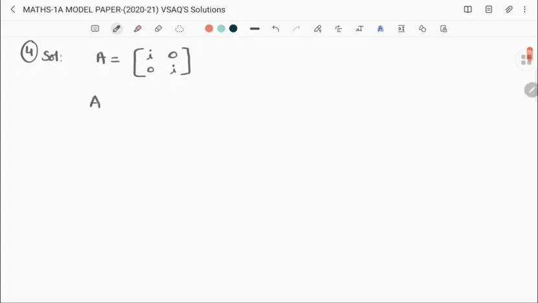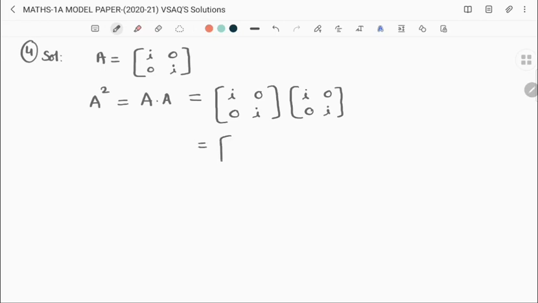A square is equal to A into A, that is equal to i 0 0 i into i 0 0 i. First you multiply like this, after that you can add.